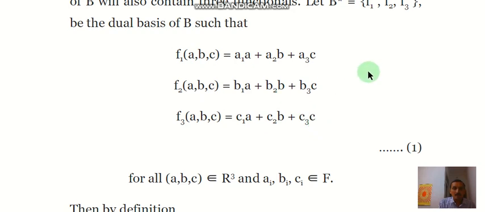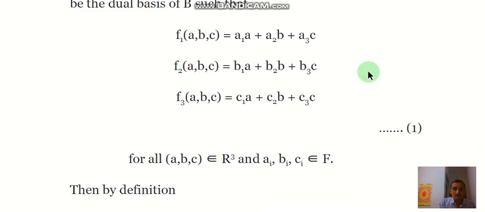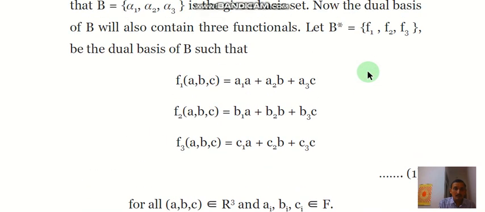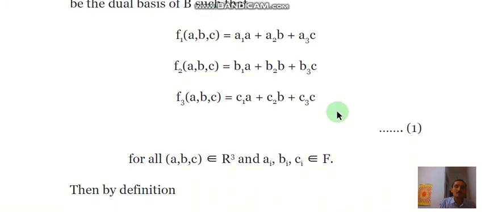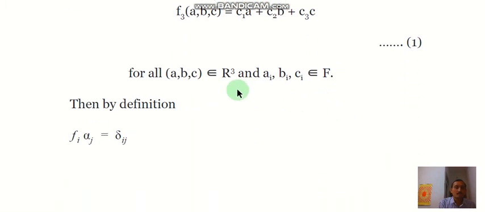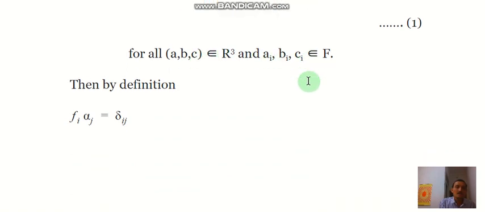As f1, f2, f3 are linear functionals, we can write the image of any element as a combination over the field F. Now we have to calculate these coefficients ai, bi and ci using the property of the dual basis, for all (a, b, c) belonging to R3 and ai, bi, ci belonging to F.